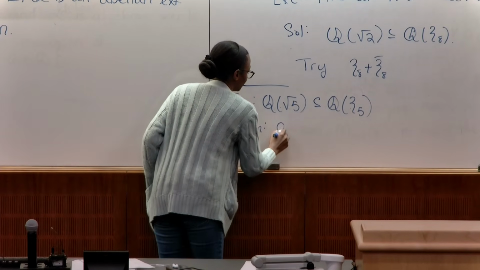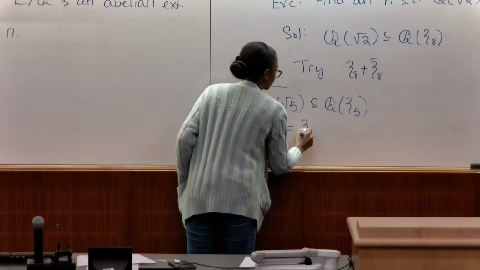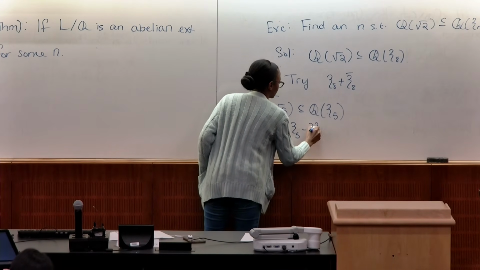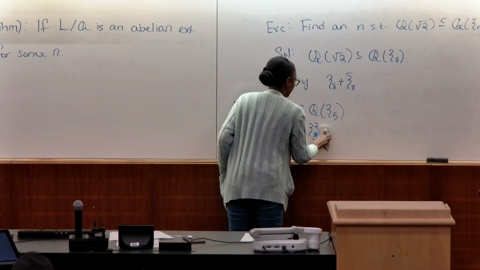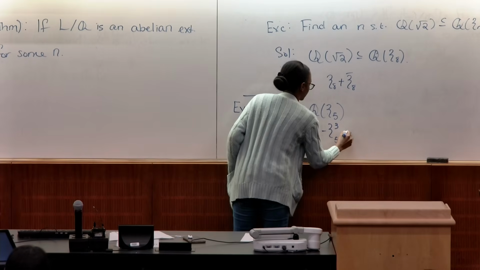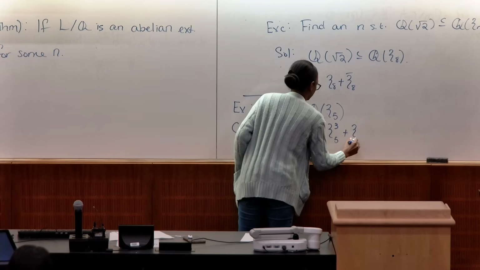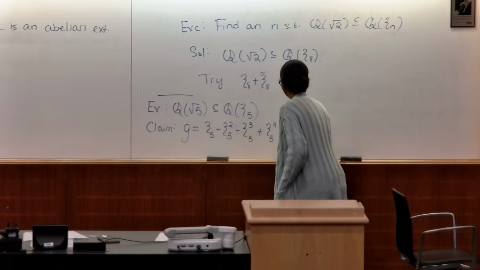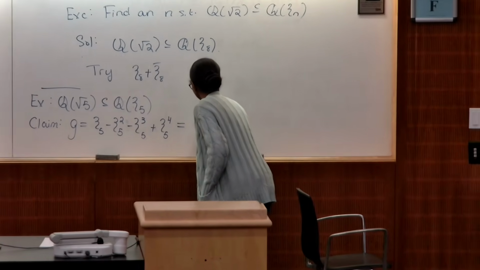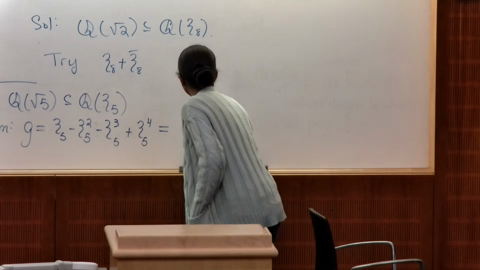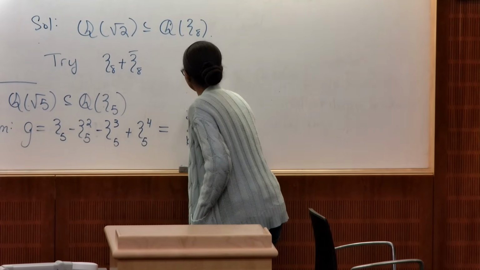But my claim is, if I let G be equal to this strange looking combination, which is actually the sum from 1 to 4.